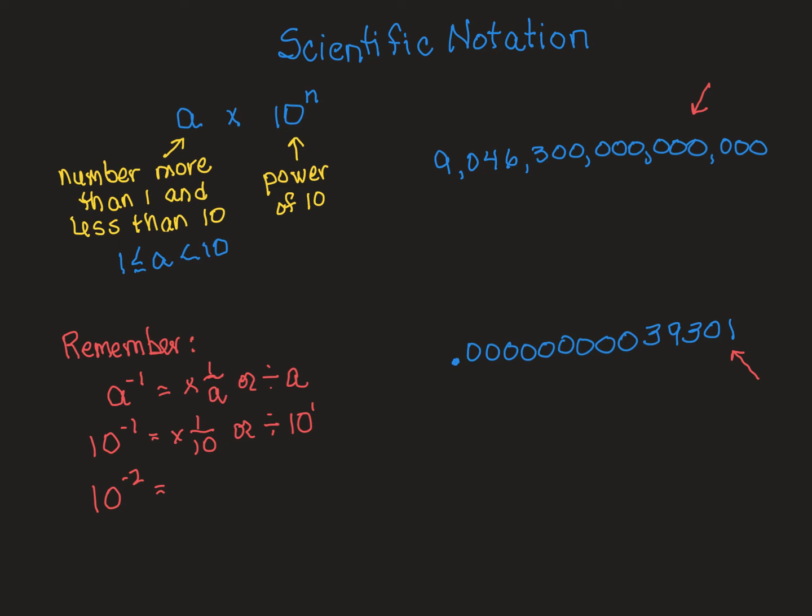Remember, we were going to the left. 10 to the negative 1 is 1 over 10, or I got there by dividing by 10. 1 over 10 is the same as 1 divided by 10. And so 10 to the negative 2 would be the same as 1 over 10 to the second power, or I got there by dividing by 10 to the second power. So that's going to be important to remember when we look at scientific notation.